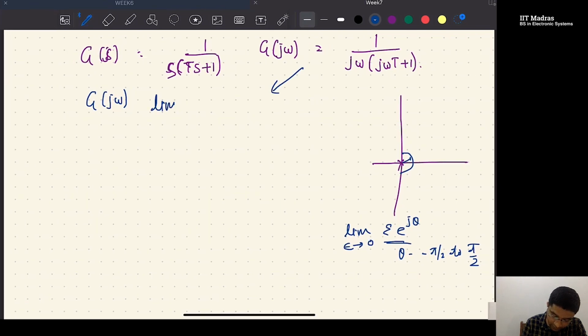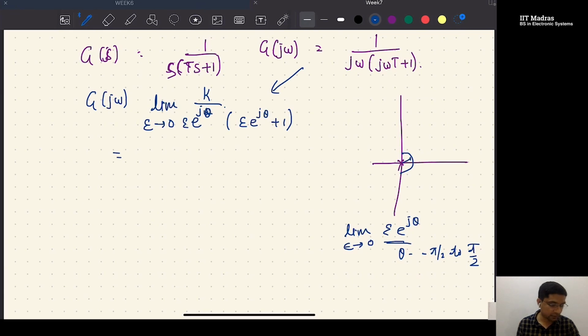So I'm looking at the limit as epsilon goes to 0 of k over epsilon e power j theta times (epsilon e power j theta plus 1). This reduces to the limit as epsilon goes to 0 of k over epsilon e power j theta, or equivalently k by epsilon times e power minus j theta.